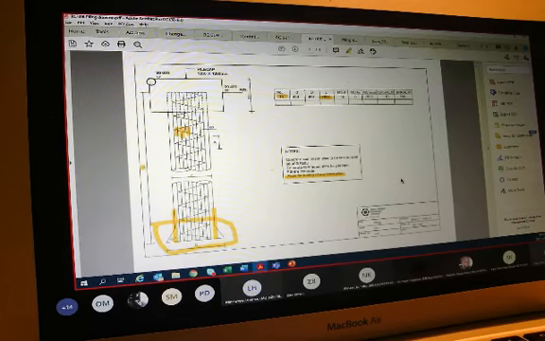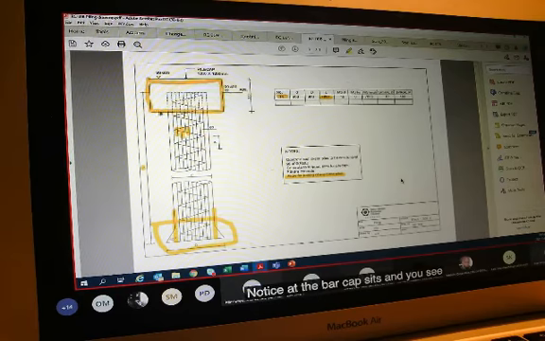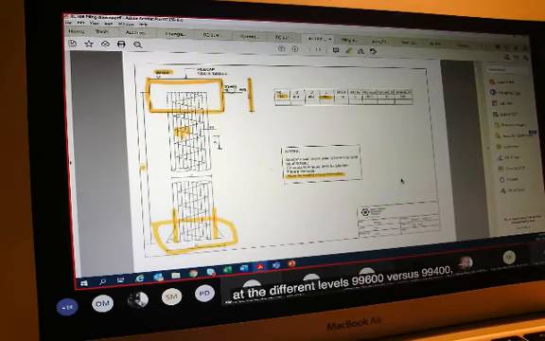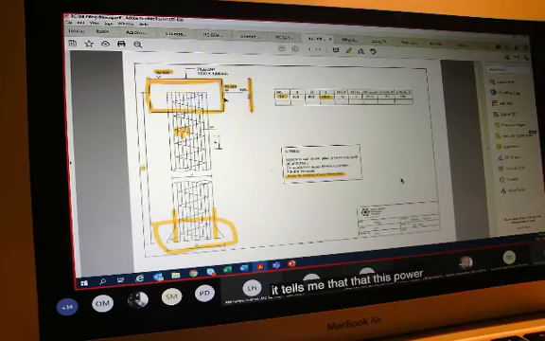The next item refers to the stripping back of the head of the pile. When I look at my drawing, you'd notice that the pile cap sits, and you see that the 600 is indicated over there.